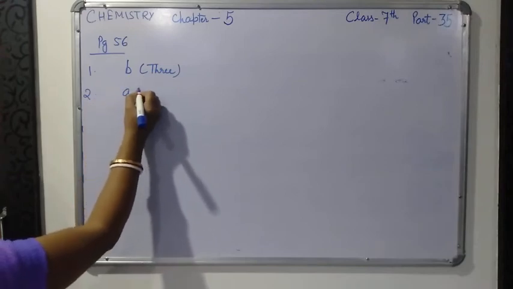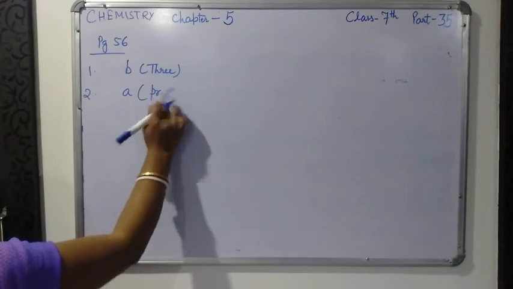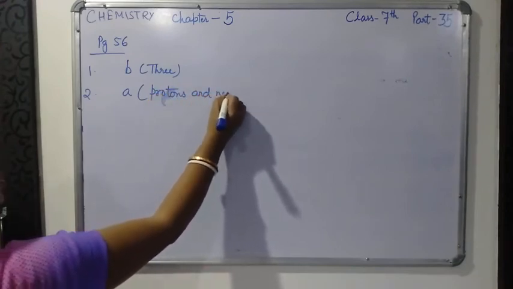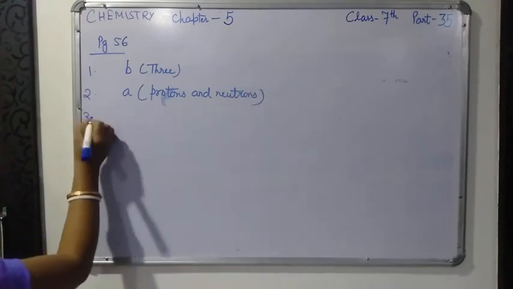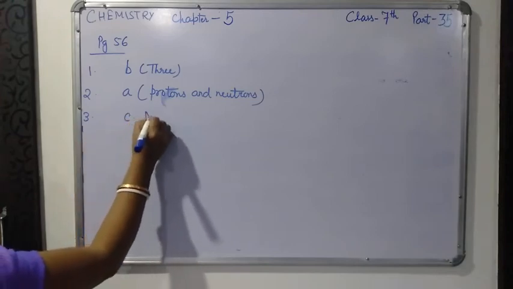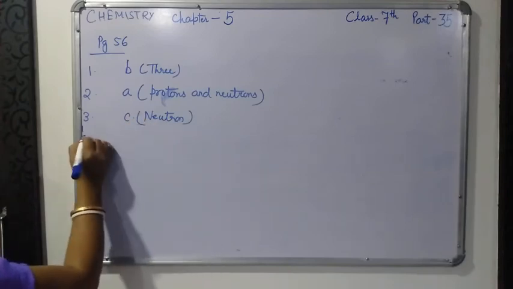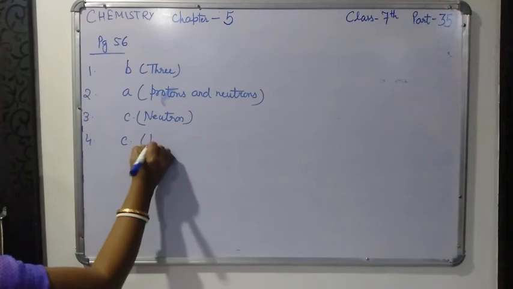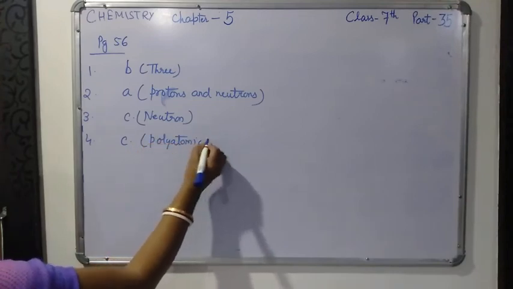Your answer is A, that is protons and neutrons. Third one: which of the following particles is neutral? That is C, neutron. Fourth one: sulfur is a, answer is C, polyatomic molecule.